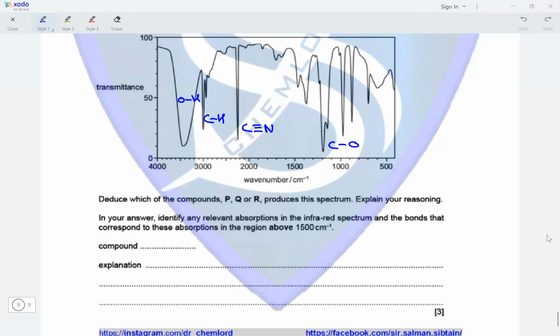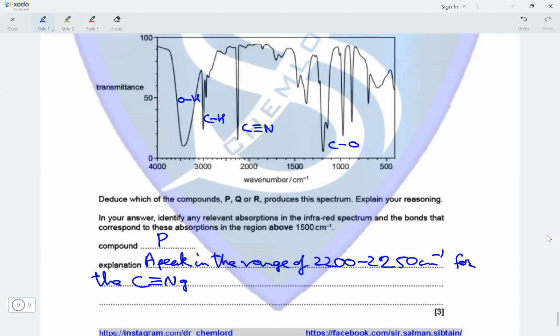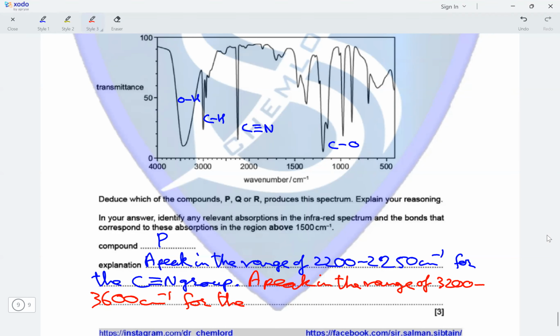So the compound is compound P, and the explanation is a peak in the range of 2200 to 2250 wave numbers for the C triple bond N group is present, and we can also include a peak in the range of 3200 to 3600 wave numbers for the OH group is also present.